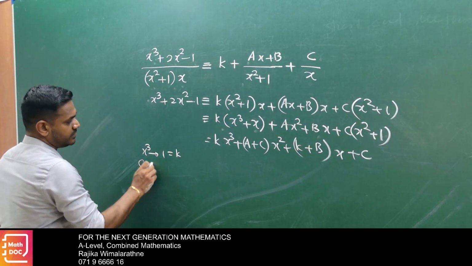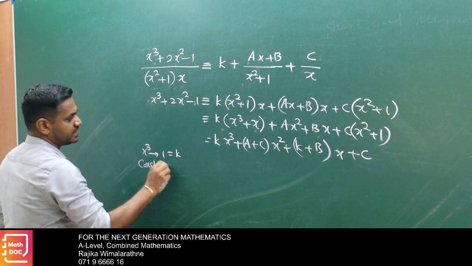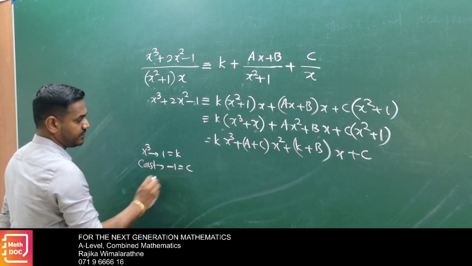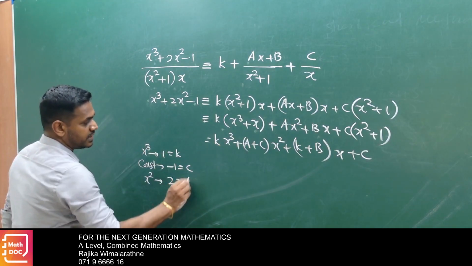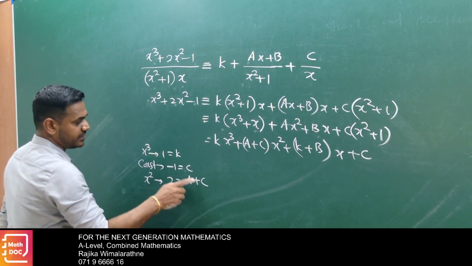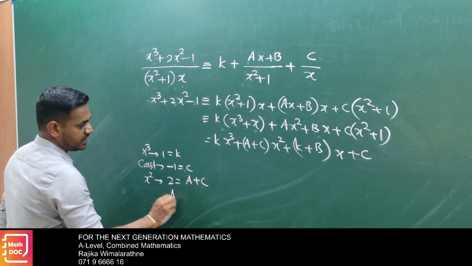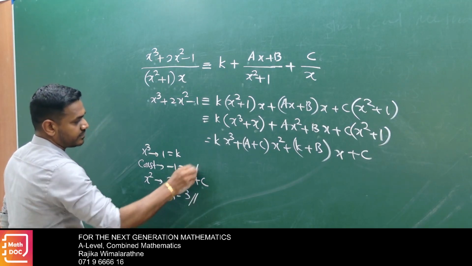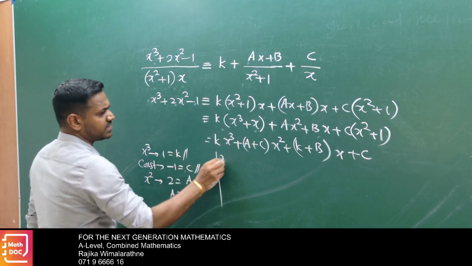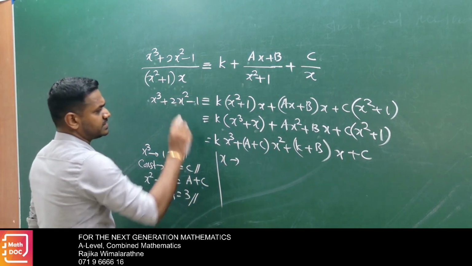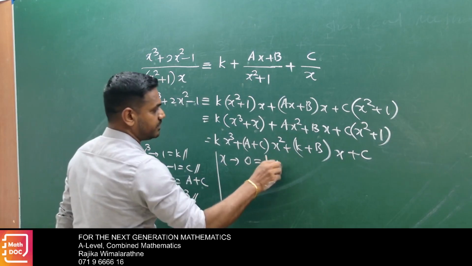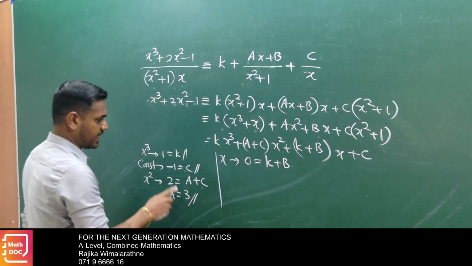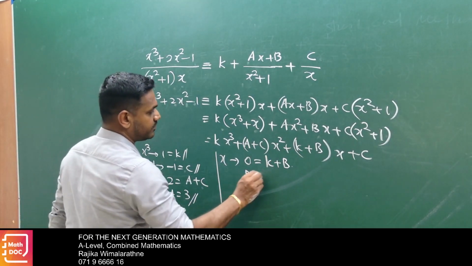Then constant here minus 1, there c. x square coefficient here 2, there a plus c. Then c value minus 1, no? Then a value 3. Then x coefficient here 0, here k plus b. Then k value 1, b value minus 1.